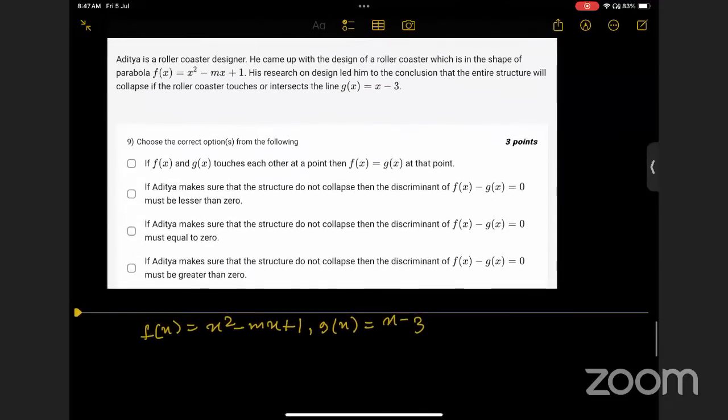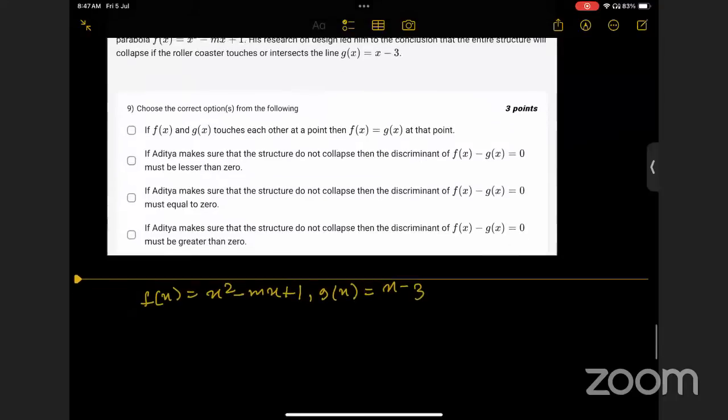So what they ask is that the structure will collapse if the roller coaster touches or intersects the line. Okay.